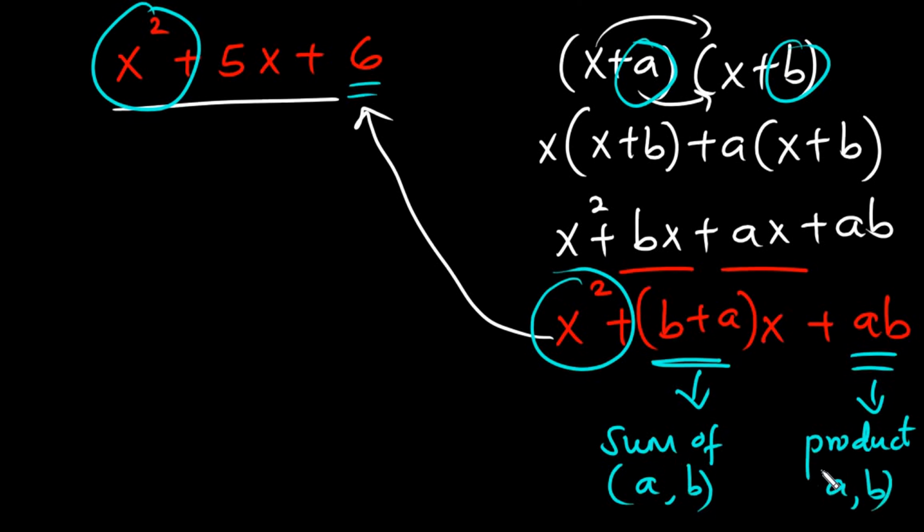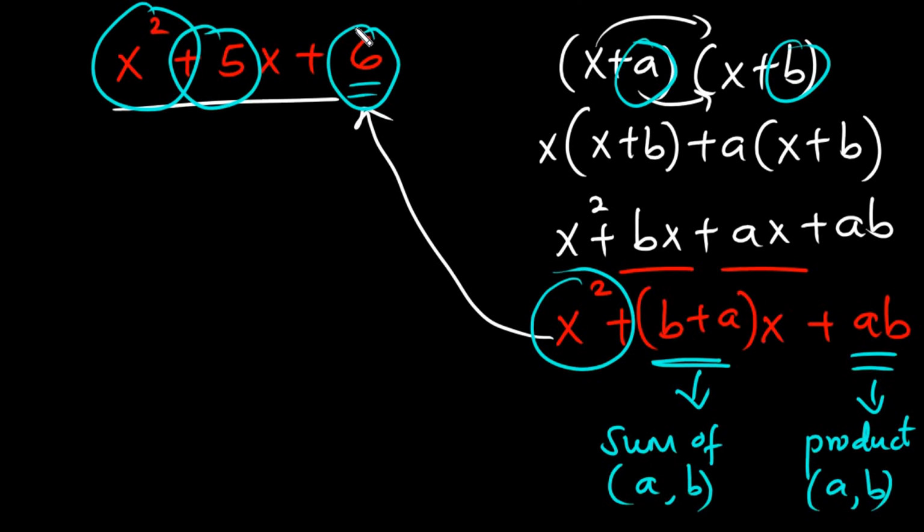We can go back to our example. This coefficient of x represents the sum of two numbers, and this one represents the product of the same two numbers.